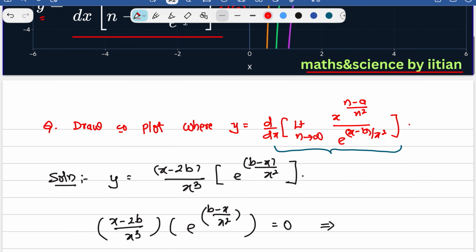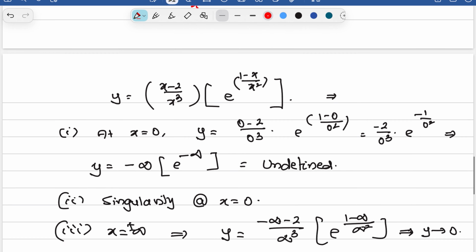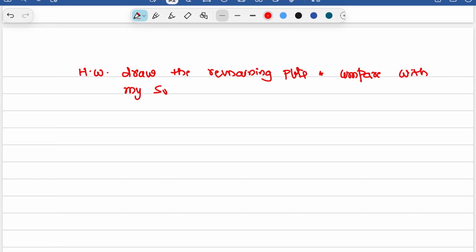Now try to find out, and as homework, please draw the remaining plots and compare with my solution, for b is equal to 0.5, b is equal to minus 1, b is equal to 2, etc.